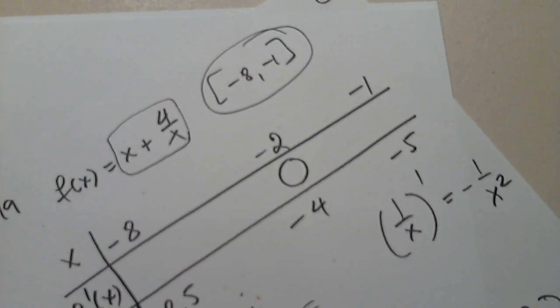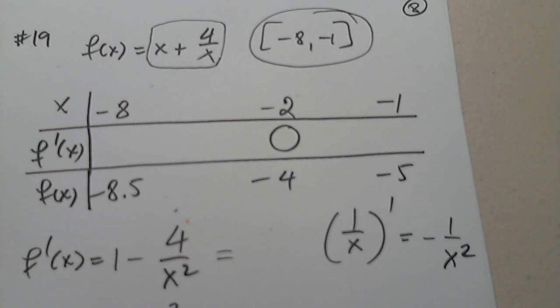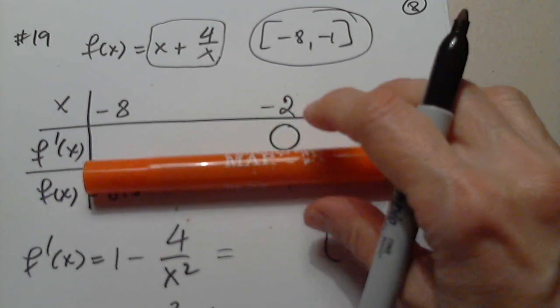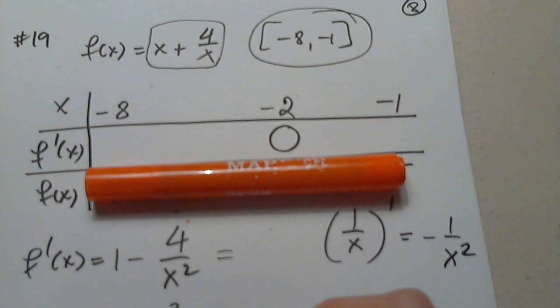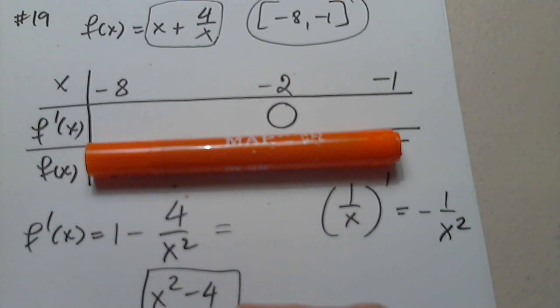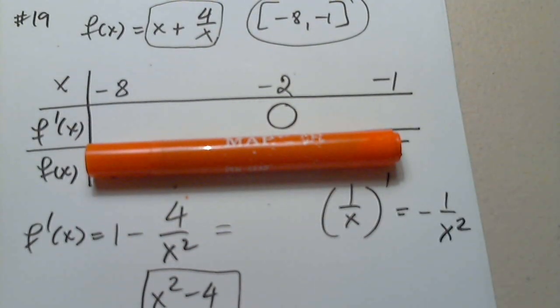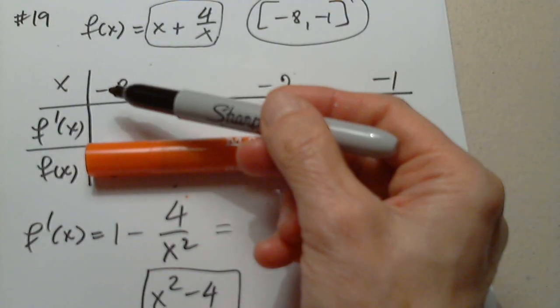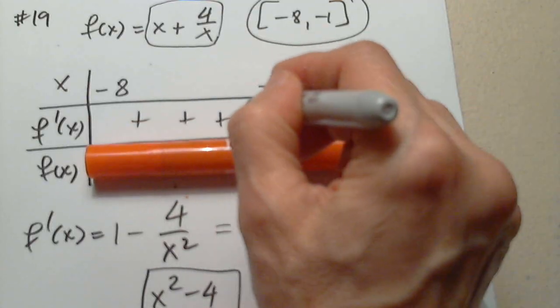Good. Now, at this point, I have to study the sign of the first derivative. So here's the first derivative. The denominator is positive. Don't even bother with it. If I plug in -8, I have 16 minus 4, which is positive.